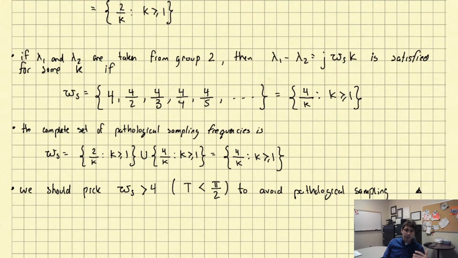And so again, it's unlikely to occur. I mean, you'd have to be very unlucky in some sense to get this pathological sampling, hence the name pathological, but it's still an issue, right? If we have high frequency modes in our plant model, or in other words, poles with a large imaginary part, then this is going to put a constraint, in some sense, on the sampling frequency.